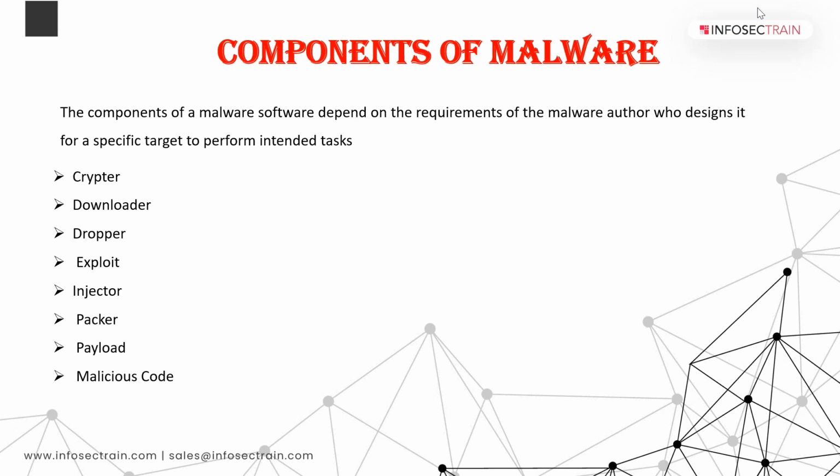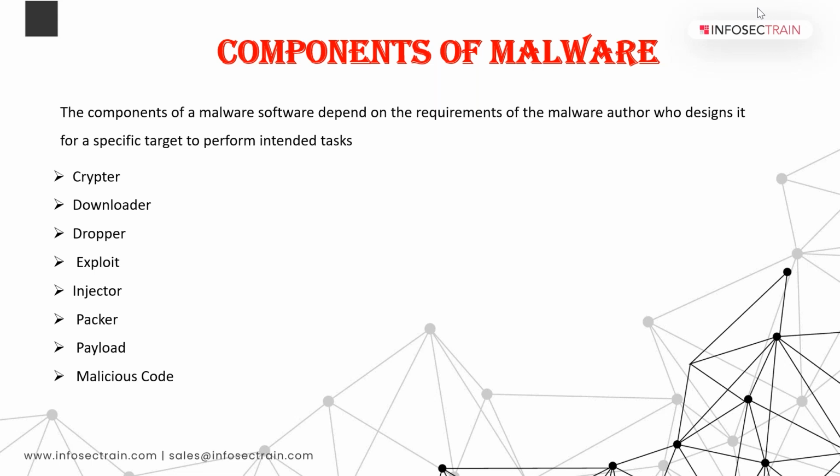And we have payload. As we discussed the payload in the day one class, it is the part of the malware that performs the desired activity when activated. So when the malware has been injected and it is activated, it will perform that particular task. It may be used for deleting or modifying files, degrading system performance, opening ports, changing settings, etc. It will compromise the system security also, right?